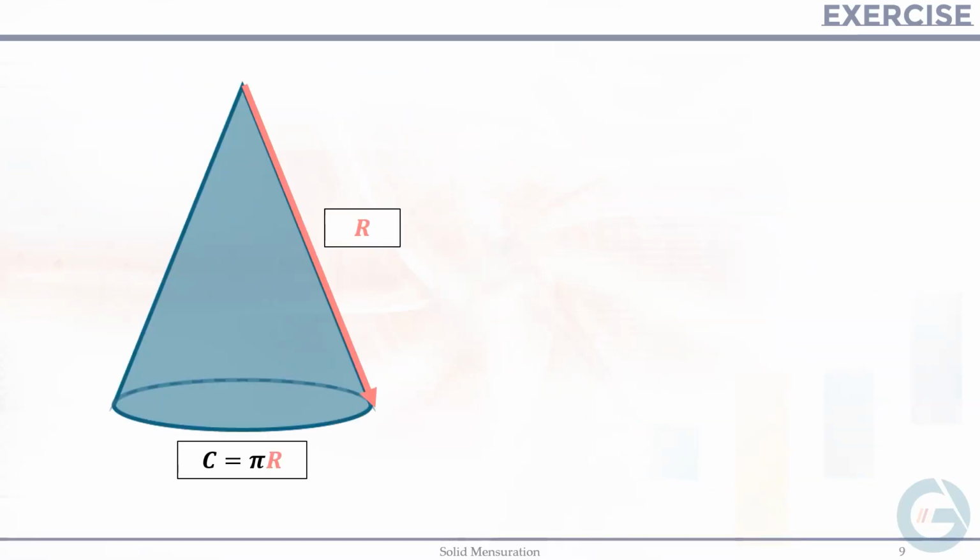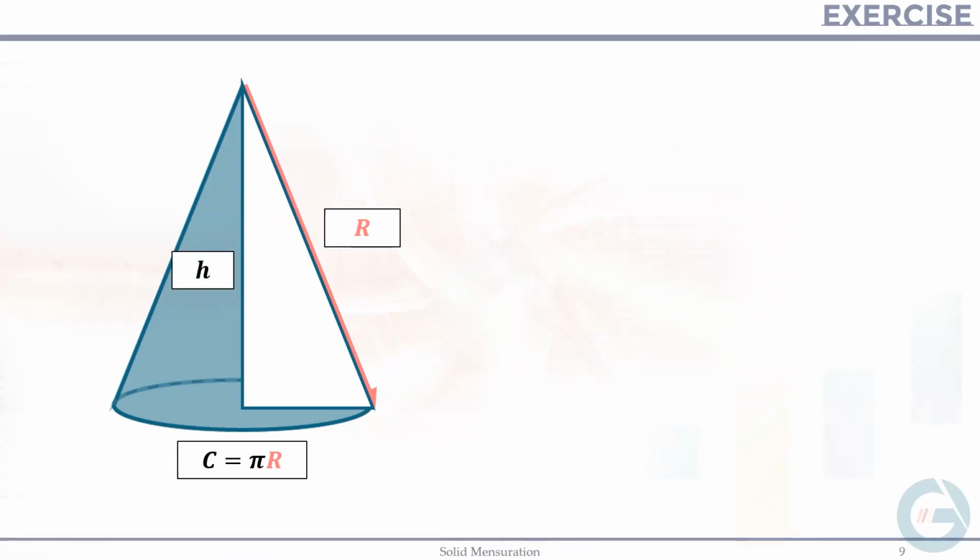Next, to calculate the volume, we need the height and radius. To determine that height and radius, we need the right triangle. This is the height and this is the radius. The circumference of the base of this cone is pi r, in terms of the original radius, capital R. We have another radius which we labeled with lowercase r.